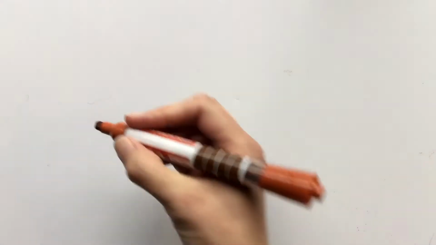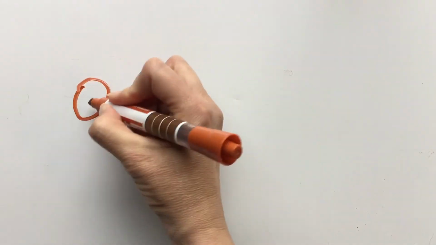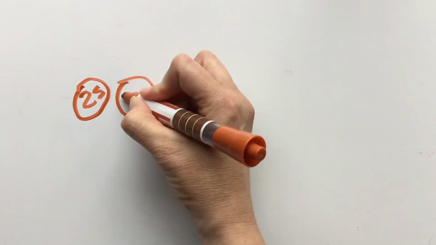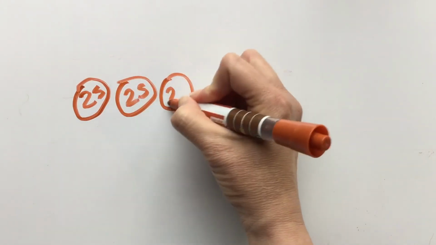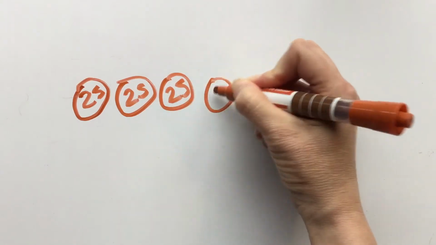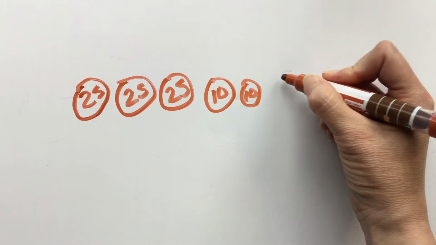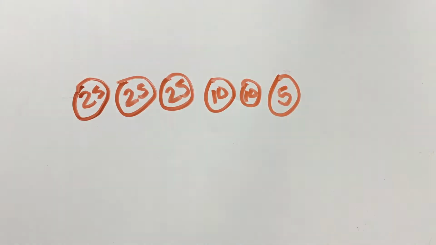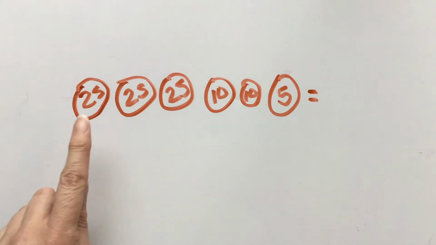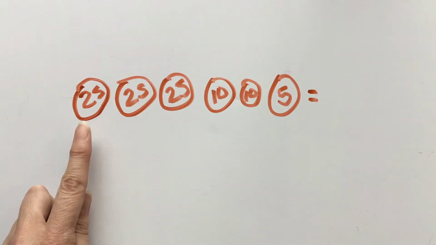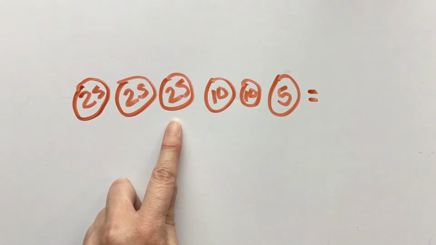What if I have 3 quarters? So there's my 3 quarters. I have 2 dimes. I'll draw them out. And I have 1 nickel. What is the value of these coins? Well, again, we're going to start with the largest values as we count. First, count by 25. 25, 50, 75.